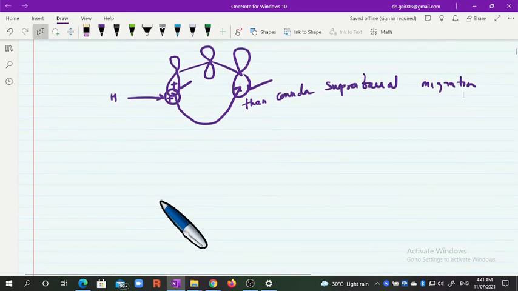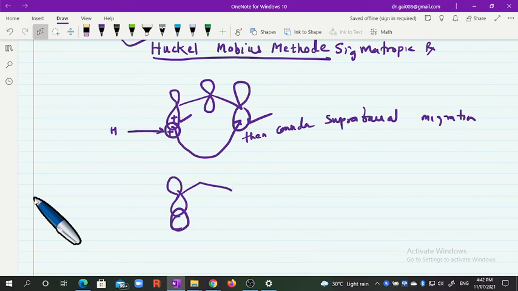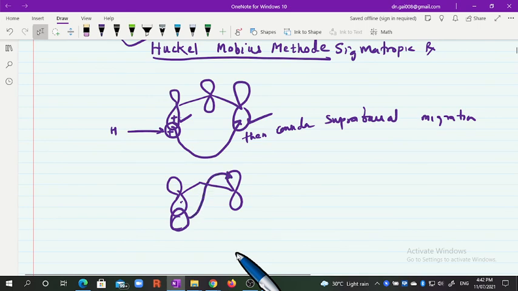If suppose the hydrogen orbital gets migrated from this lobe to that lobe, then this is considered an antarafacial migration.